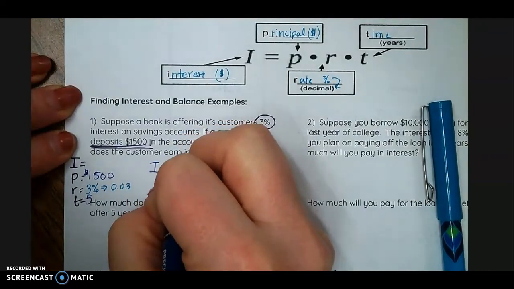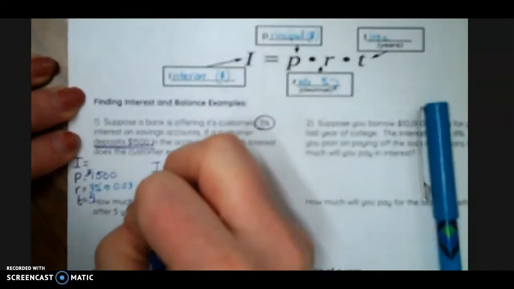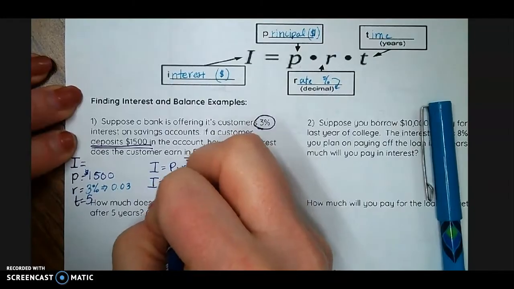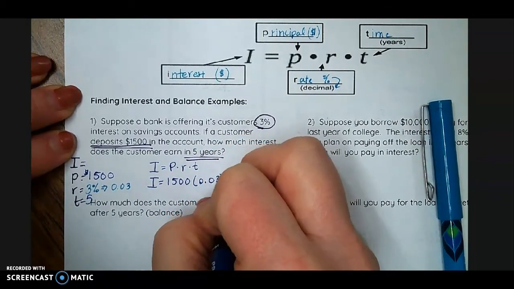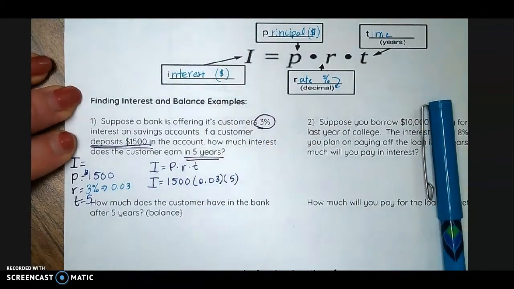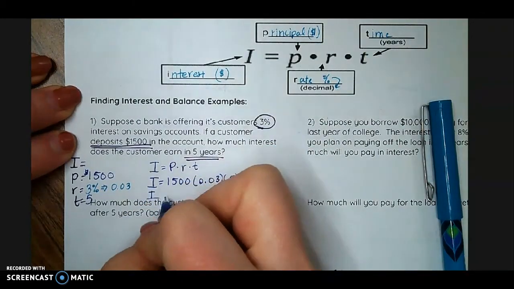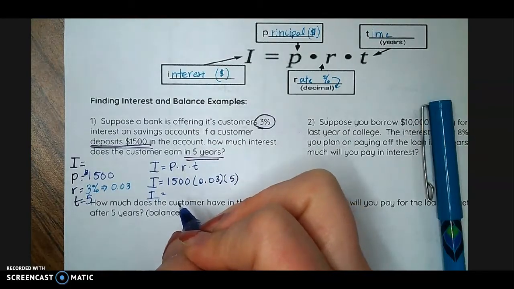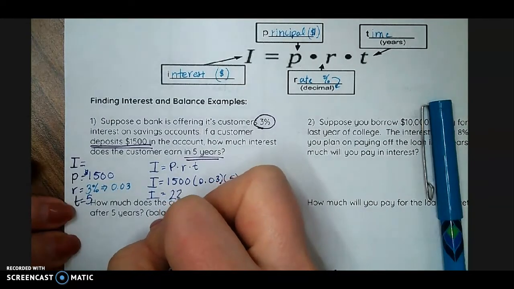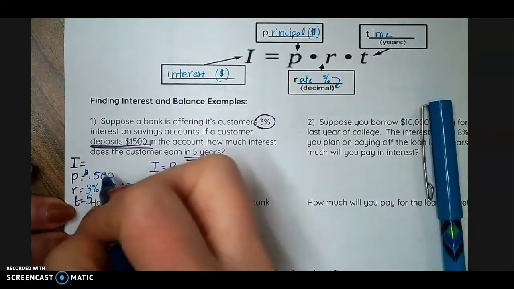So remember, I equals P times R times T. So I, in this case, is 1,500 times the rate as a decimal times the time in years. And when I multiply those together, that's going to give me how much interest my account earned in dollars and cents. So that tells me that I earned $225 in interest.